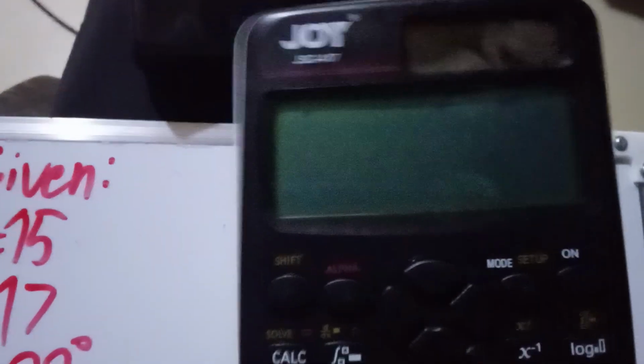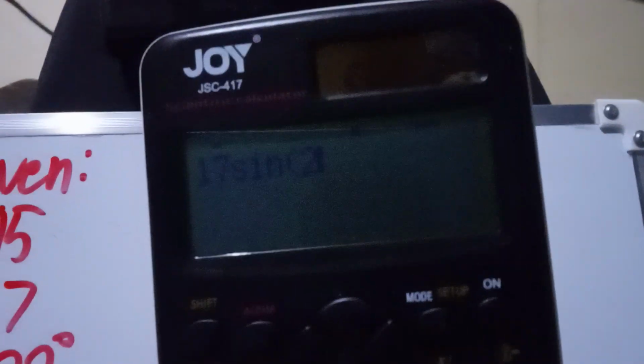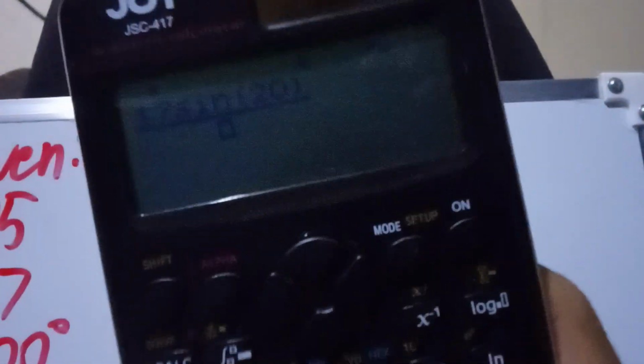Okay, it's open. Let's type in the digits: 17 sine 20 over 15.